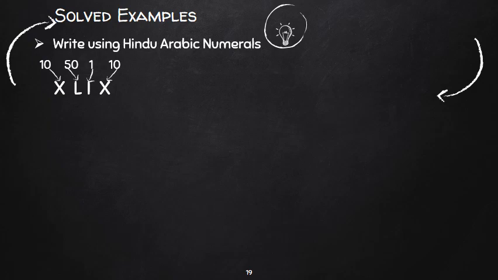You know the value of X is 10, the value of L is 50, the value of I is 1, and the value of X again is 10. So how are you going to write? Let's see. You can write this as XL plus IX.